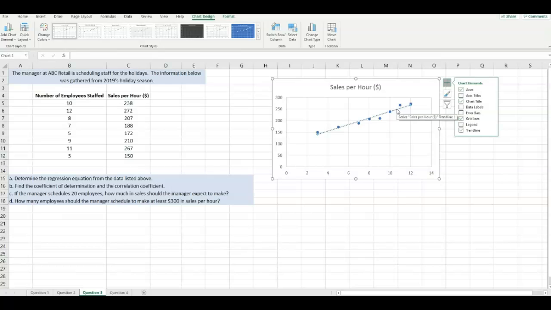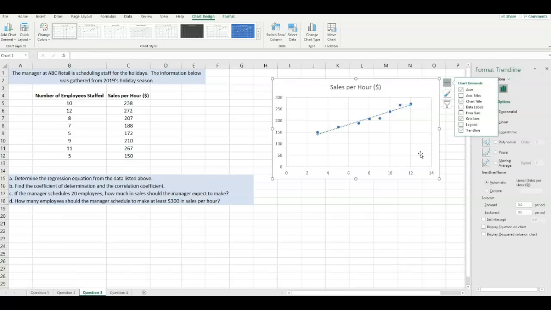So part A of this problem is to find the regression equation. In order to find the regression equation, we will right-click on our trend line and hit Format Trend Line. And then all of this information comes up over on the right. We'll hit Display Equation, and let's also display our R squared.